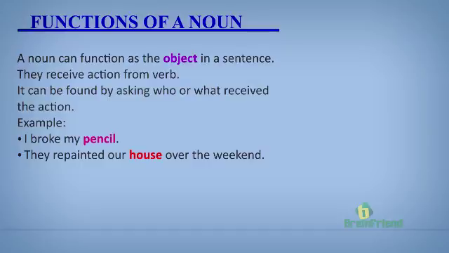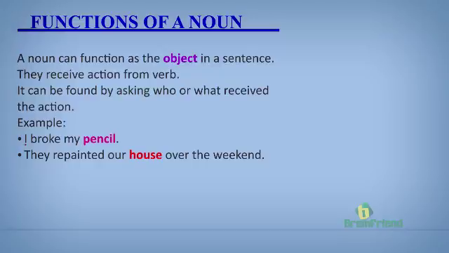Now we've learned that the subject is the one that performs the action. The object of a sentence is the one that receives the action. That is the one on whom the action is performed, or the object on which the action is performed. So to identify the object in a sentence, you can easily ask who or what received the action.